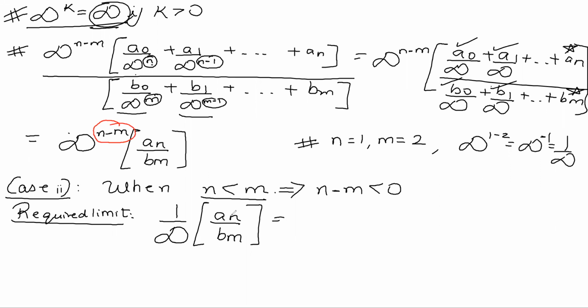And 1 upon infinity into an by bm will always be 0, because anything upon infinity is 0. So I hope students have understood case 2. When the degree of the polynomial in the numerator is less than that of the denominator, the required limit is 0. And then we can look at case 3.